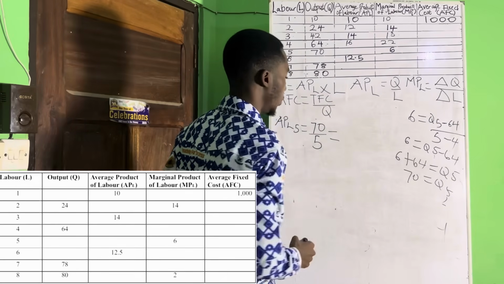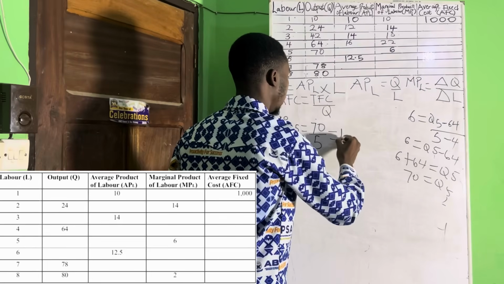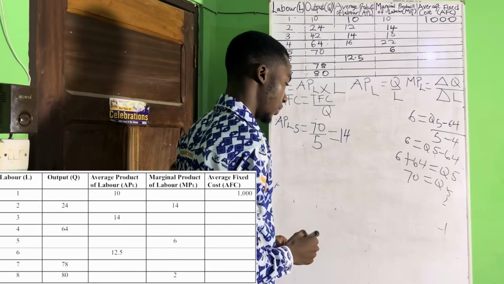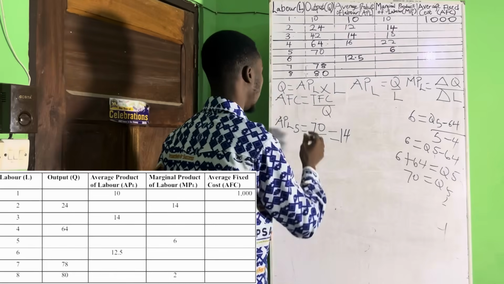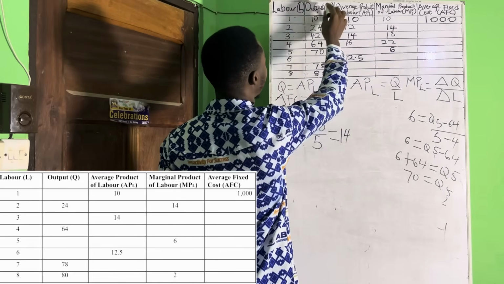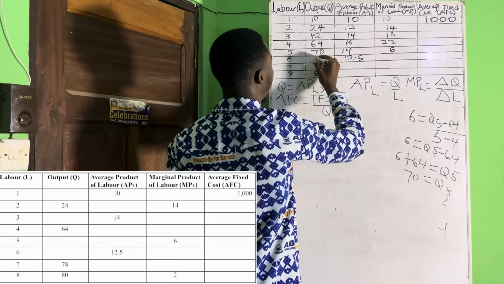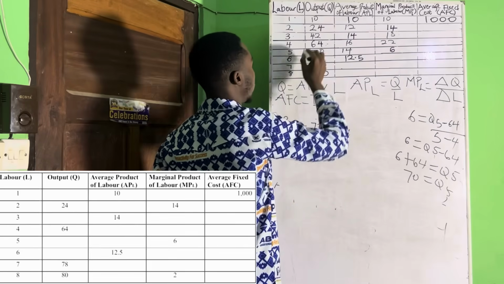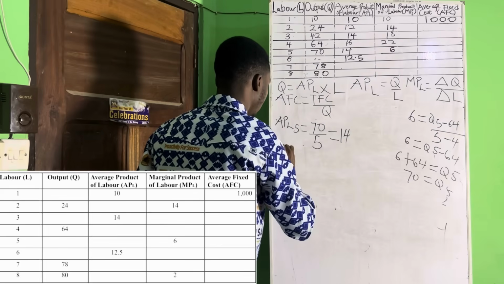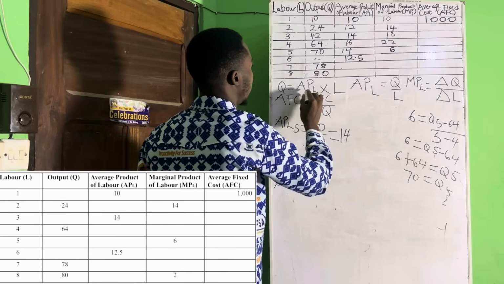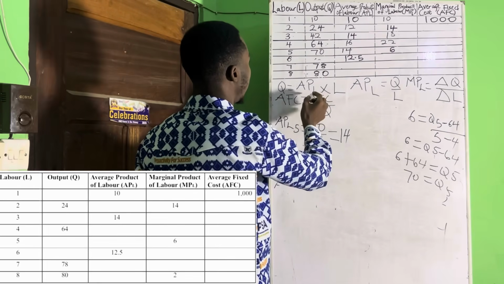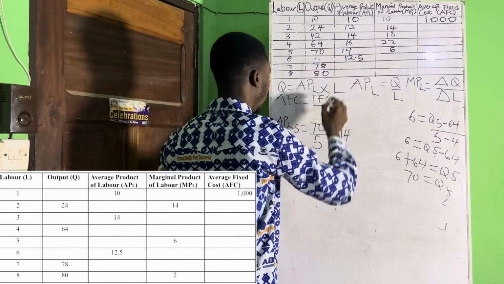So 70 over 5, when you punch on the calculator, you should be getting 14, right? Yes, 14. So now you're done with APL5, that is giving us 14. Then we can find this one, which is KL6. So our KL6 will be equal to, KL is average product of labor times labor. So average product of labor for year 6, that's 12.5.